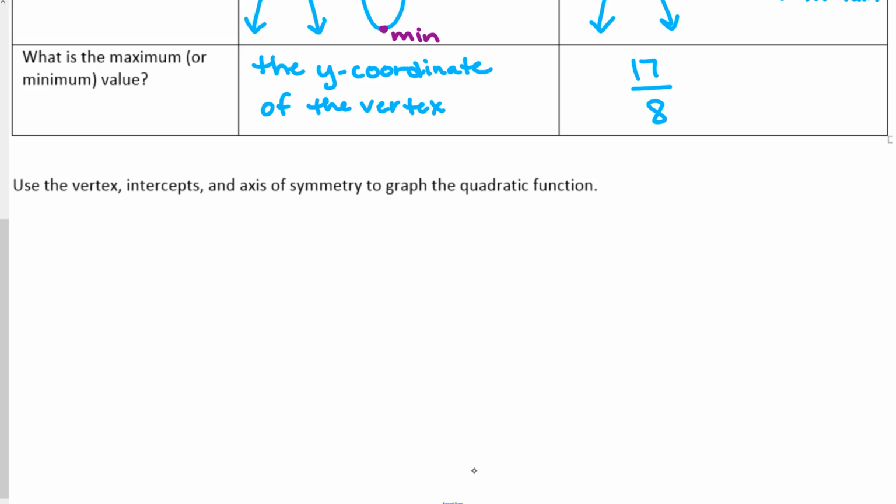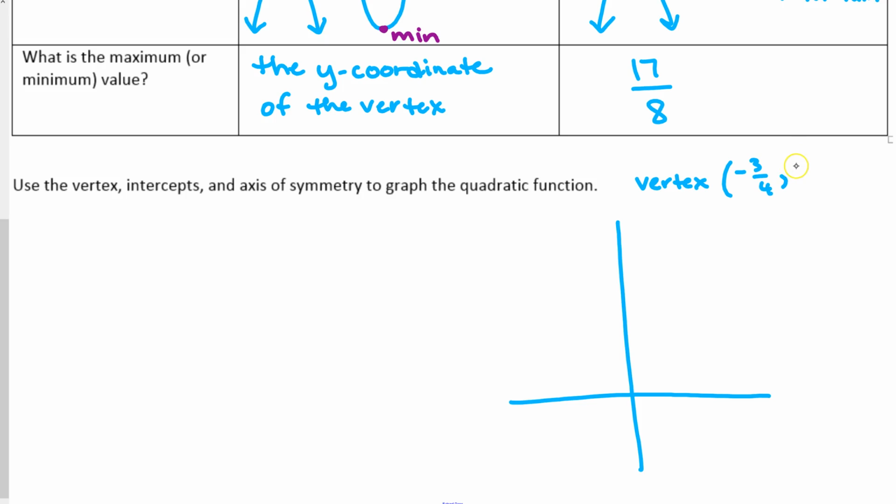Just a rough sketch. So the vertex was negative 3/4, 17/8, and 17/8 is 2 1/8. So because of that, I think I'm going to go with something like this for my scale.